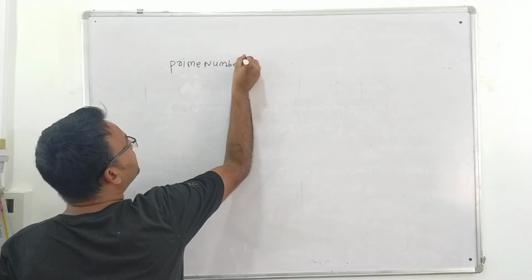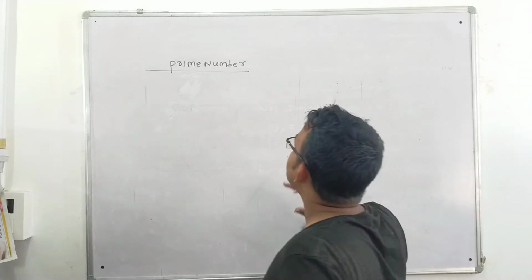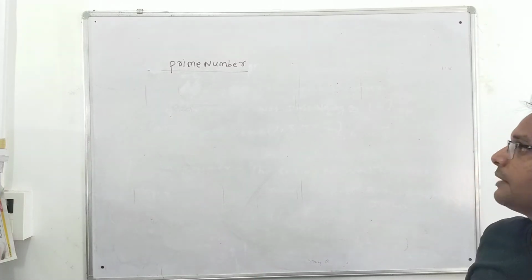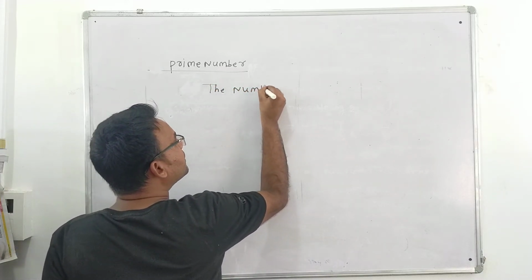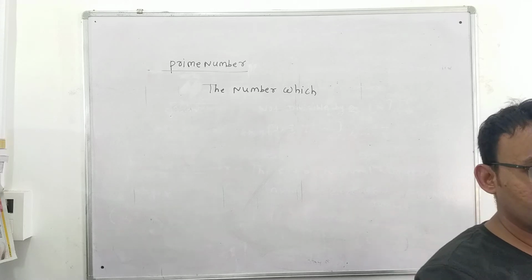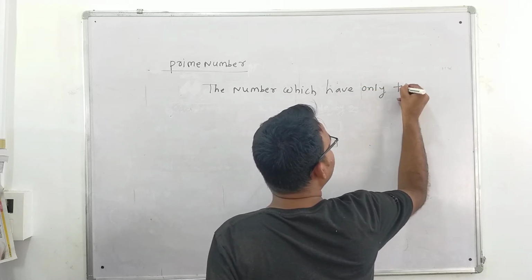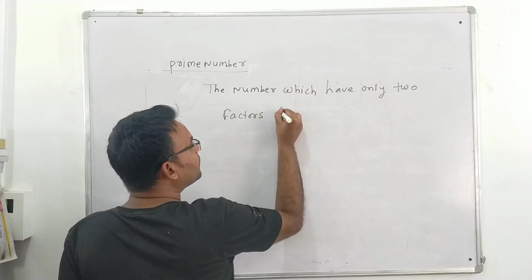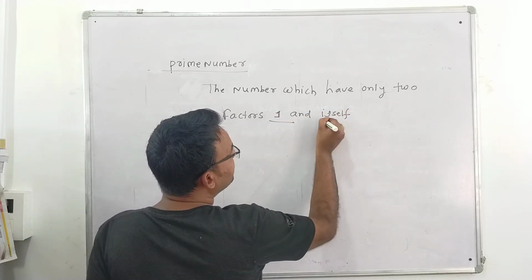Let us see the prime number. Okay, now in this, the definition of this prime number is a number which has only two factors, one and itself.